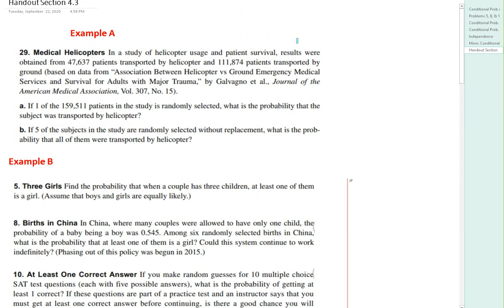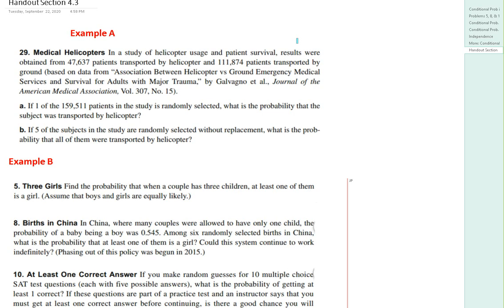In a study of helicopter usage and patient survival, results were obtained from 47,637 patients transported by helicopter and 111,874 patients transported by ground. First part, if one of 159,511 patients in the study is randomly selected, what's the probability that the subject was transported by helicopter?